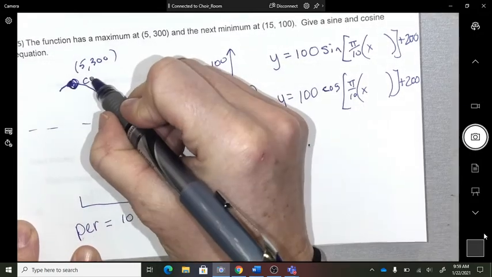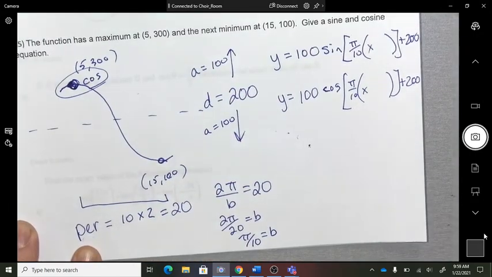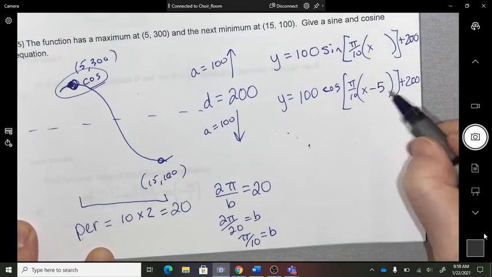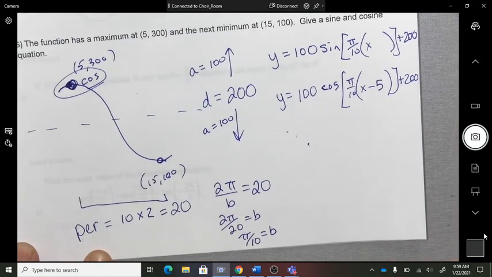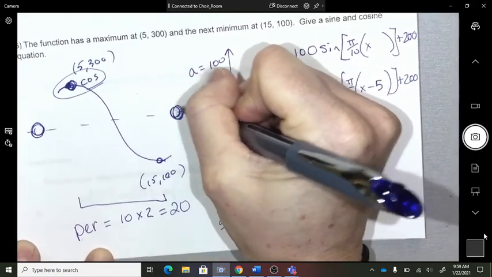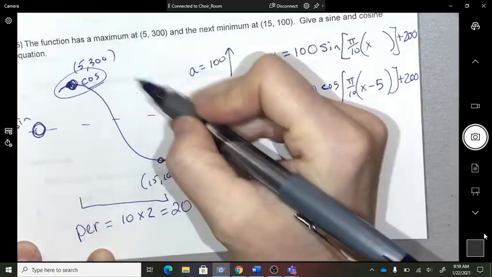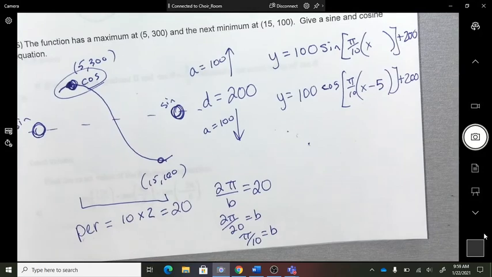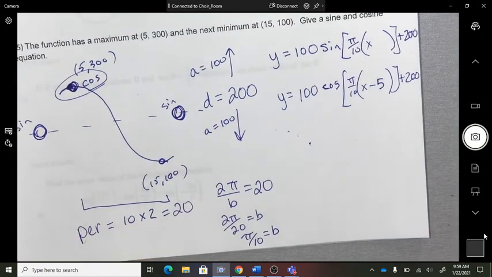So this top point can be a cos starter. So I can go subtract 5 on the cos. But I don't have a sine starter. I have to be in the middle, heading upward. So you have to either figure out what's the x-coordinate here or here.